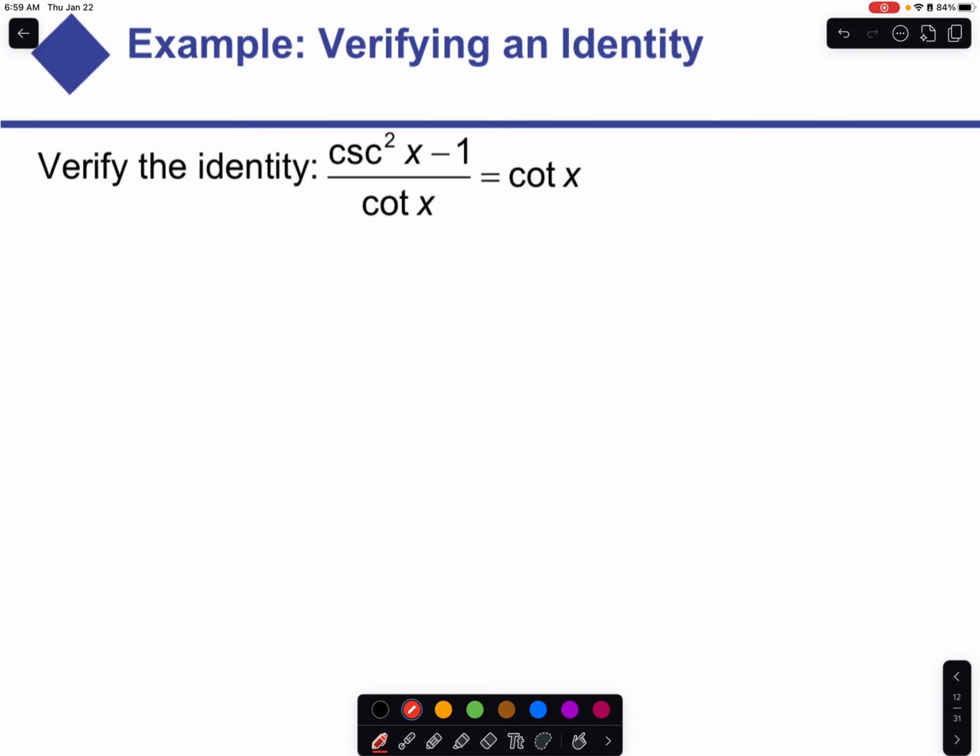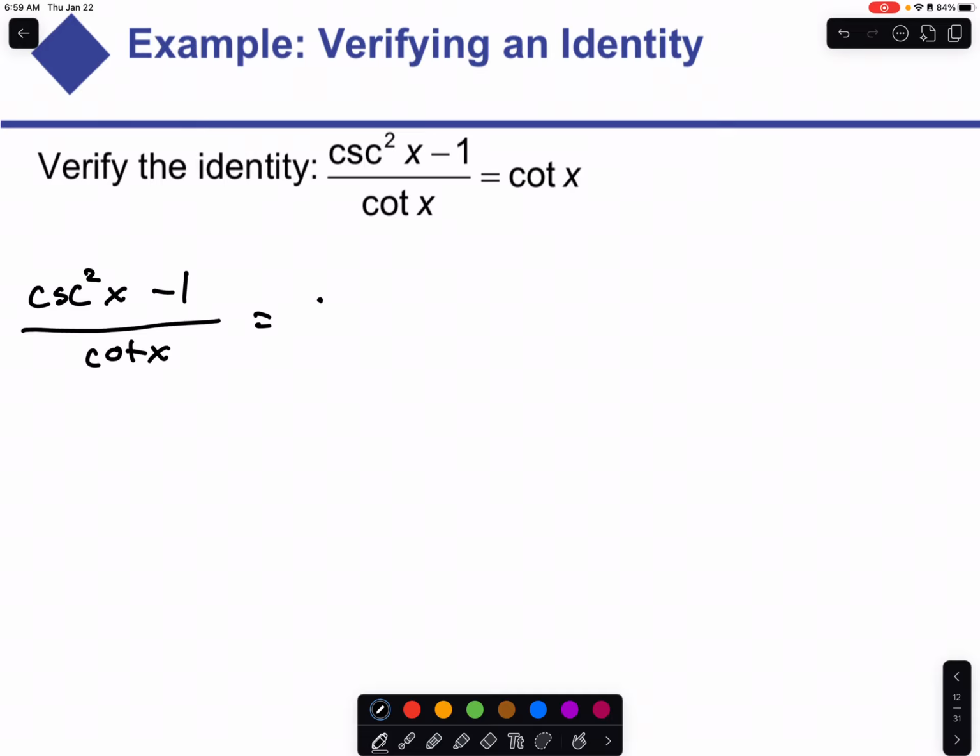First I'm going to start with a copy of the left-hand side. So we have cosecant squared x minus 1 over cotan x. I'm just going to start there, and I'm going to expand these and put it in the form I'm used to. Now, cosecant is the reciprocal of sine.